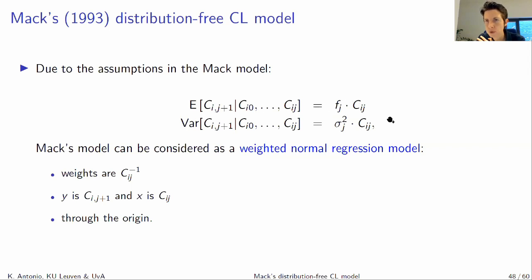And we would go through the origin, right? Because here you see that you only have a slope term times the C_{i,j}, but there is no intercept calibrated. So if you repetitively run these weighted linear regressions, then you'll find the f_j's and the variance parameters as we know them, right?